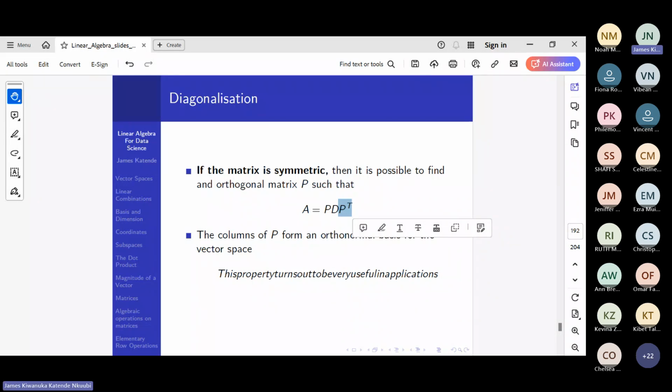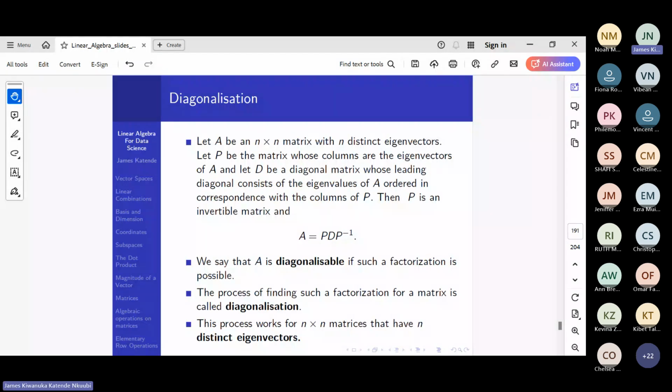So this diagonalization is useful for a few things. Some applications. One application is getting powers of matrices. If you can diagonalize a matrix, then it's easy to get any power of the matrix with this diagonalization.